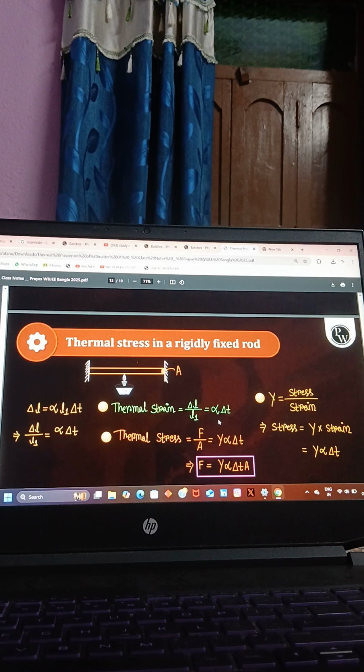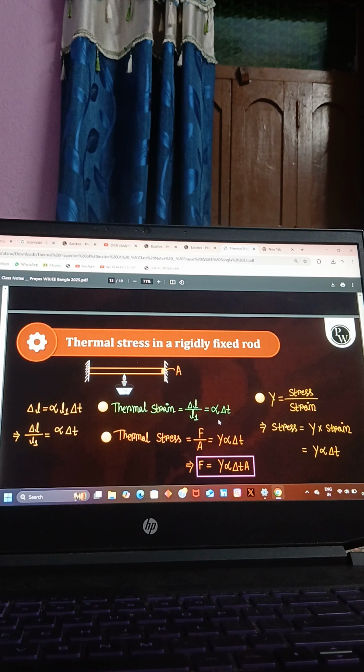Then many of the students get confused about how we found this formula, Y alpha delta t. If we just memorize that, we miss the reason.